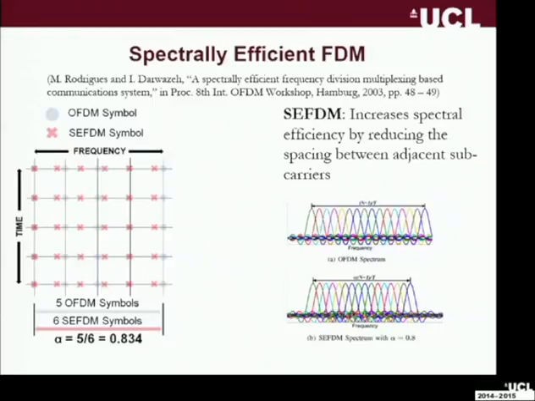Obviously, one thing you'll see here is at the peak of each subcarrier in OFDM, all the other subcarriers are null. That's not the case in SEFDM. You get interference here. So once you get self-created interference, you need to come up with new techniques to mitigate that interference. And this is where most of the research is taking place.